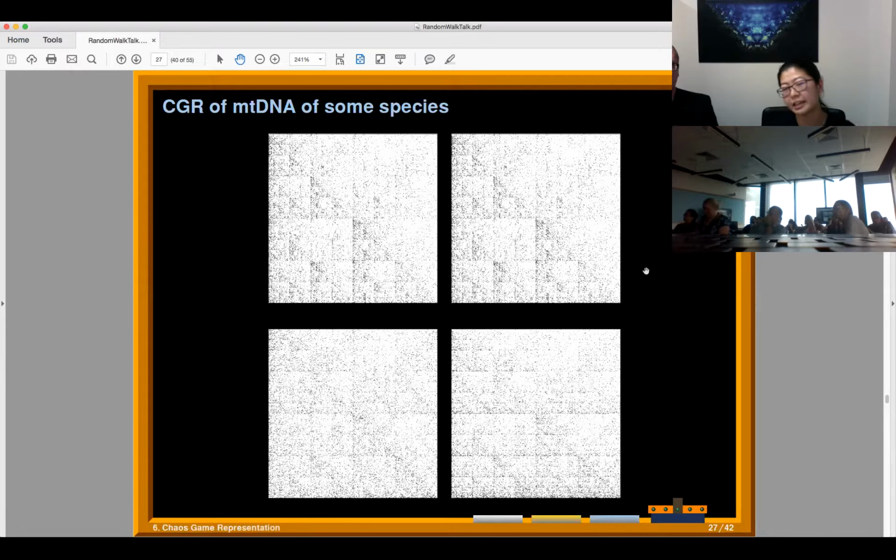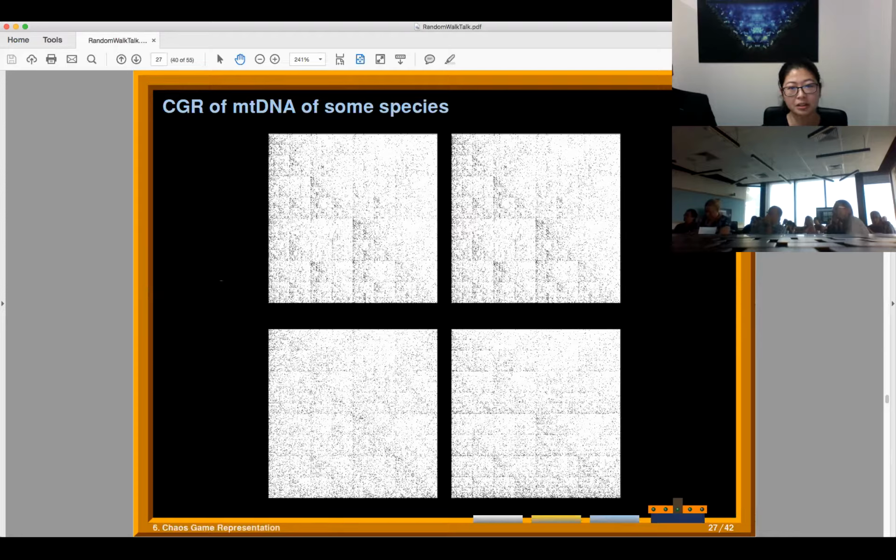If we get too many base pairs, then the image ends up being too black, and we actually can't distinguish any image or pattern. So usually around 16,000 is a good amount to see some sort of pattern.